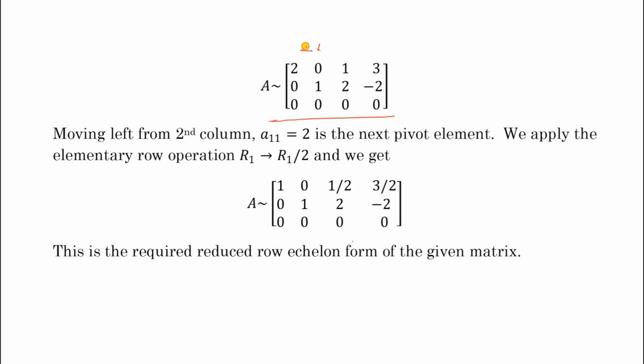Now move left and this is the next pivot element and we have to make it 1. So for this apply R1 replaced by R1 by 2. Look at this, this is 1 0 1/2 and 3/2. Now these are the pivot positions, and all elements above and below are 0. So this is the required reduced row echelon form.